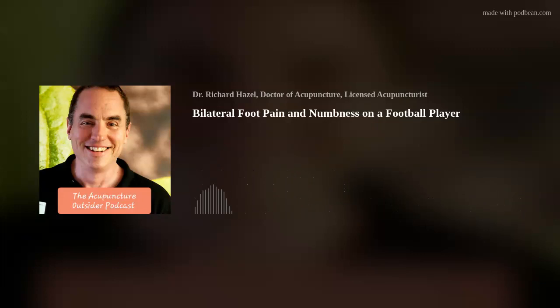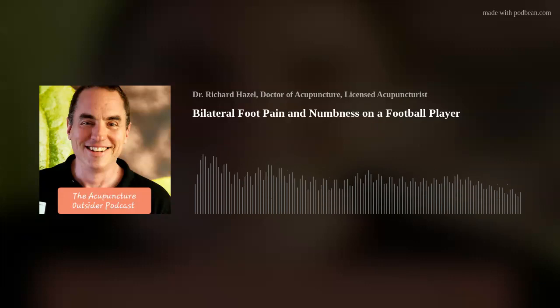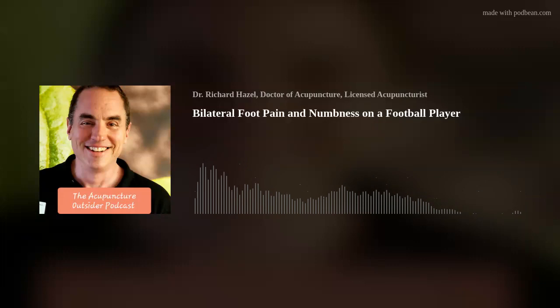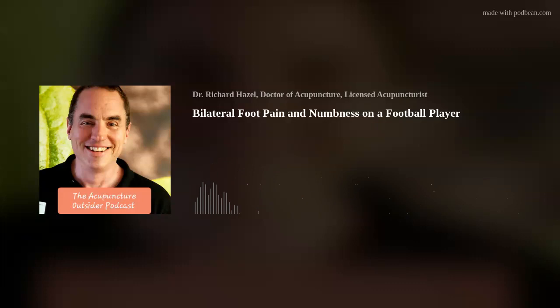I palpated the back of the calves near the tendinous arch of the soleus, about 5 centimeters below the popliteal fossa on both sides, to see if there was any kind of tibial nerve entrapment there that would increase the entrapment that I suspected of the tibial or plantar nerves.